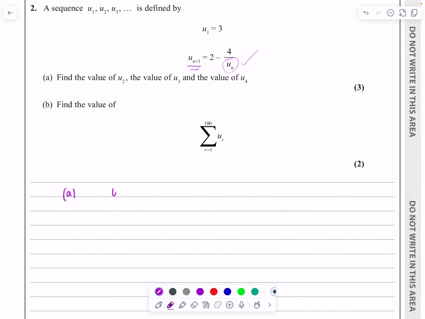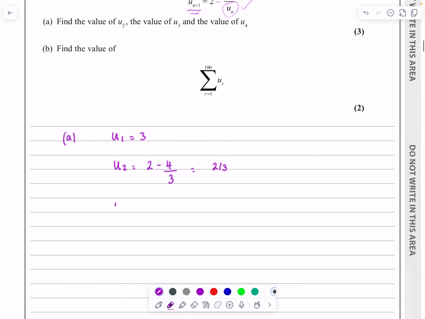We can say U1 is equal to 3. And then if I want U2, that's going to be 2 minus 4 divided by that previous term, which is 3, so 4 over 3. Well, that will work out to be equal to 2/3. So U3 then is going to be equal to 2 minus 4 divided by my previous term, which was 2 over 3.